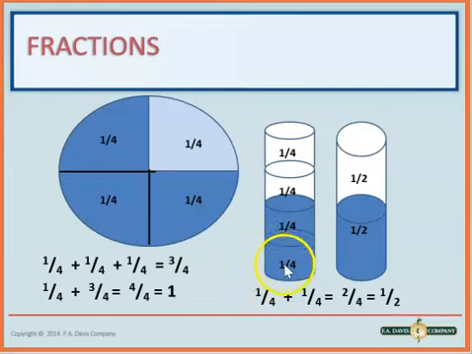So we have 1/4 plus 1/4 equals 2/4. Well, when you reduce that down, 2/4 is the same thing as 1/2. So 1/2 of the cylinder is darkened with the dark blue. So you can see for comparison, 2/4 is the same thing as 1/2.